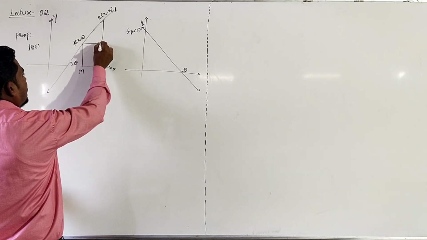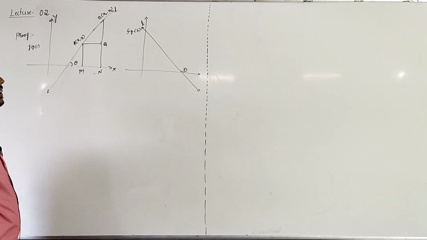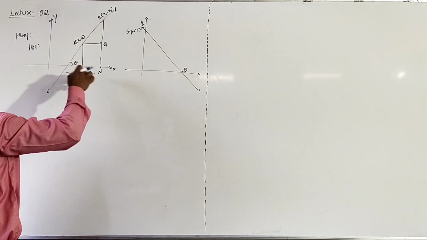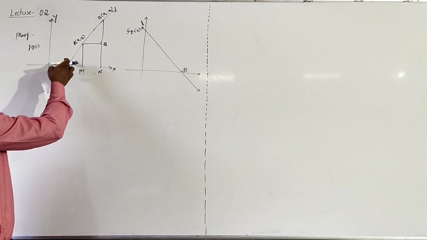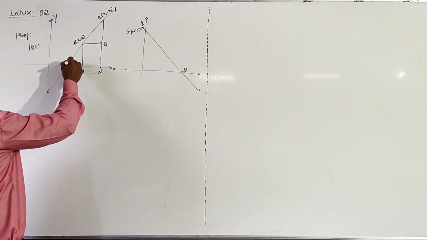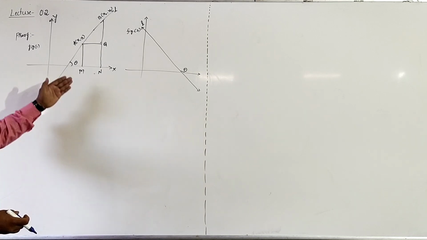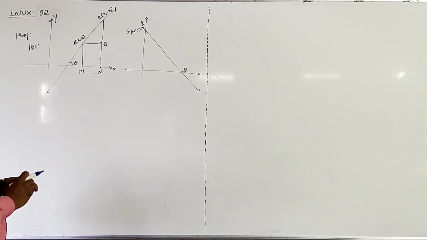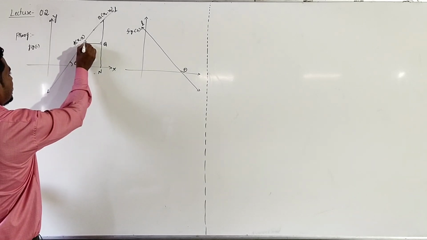Draw one more perpendicular, that is AQ, which is perpendicular to BN. If the x-axis makes an angle theta with the line L, then this angle is also theta, right?